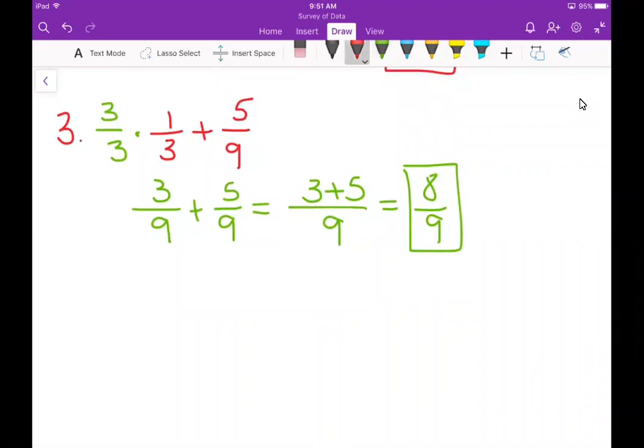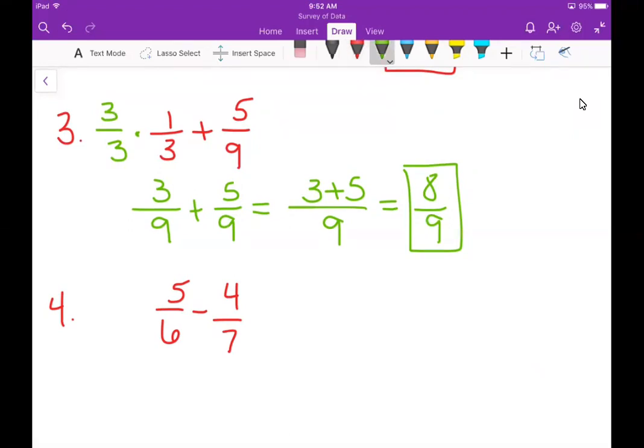Now, it can get just slightly more complicated when we have something like 5/6 minus 4/7. Because I can't turn 6 into 7, and I can't turn 7 into 6. So what I'm going to have to do is multiply them both by a number to get to a common number. We often call that the least common denominator.